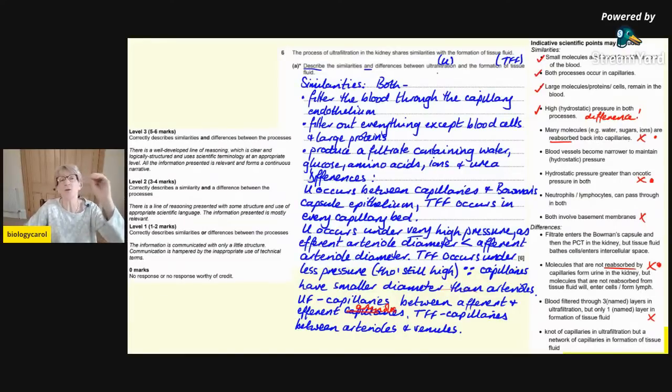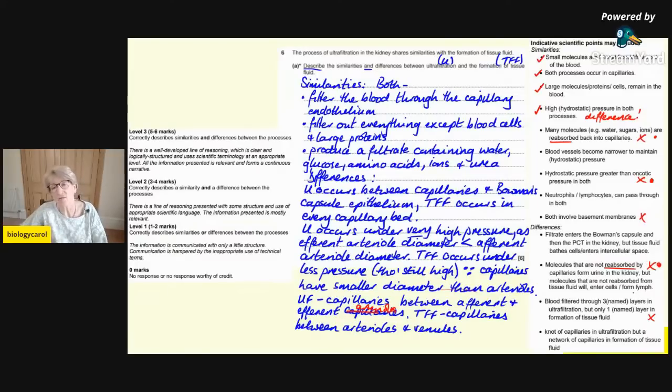I absolutely focused on the filtration that happens in the Bowman's capsule and the formation of the tissue fluid, not what happens after the tissue fluid has been formed, in terms of water being reabsorbed back into the capillaries and all that kind of stuff. There's no way I would have included those.